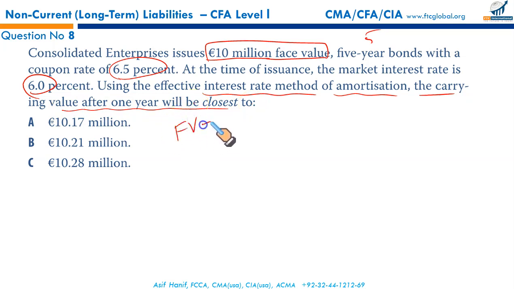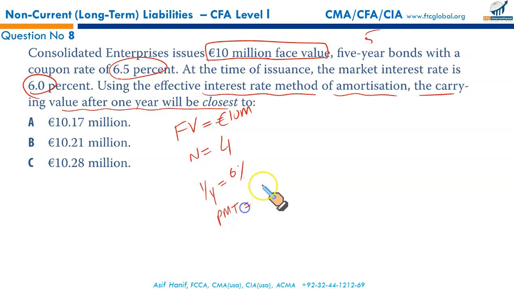Face value, the value at which the bond will be redeemed, is 10 million euros. Since we want to calculate the value at the end of the year, we won't take 5 years now, we'll take 4. We need to calculate the carrying value 1 year after the issue. So n is equal to 4. Interest rate, MRI, it's going to be 6%.